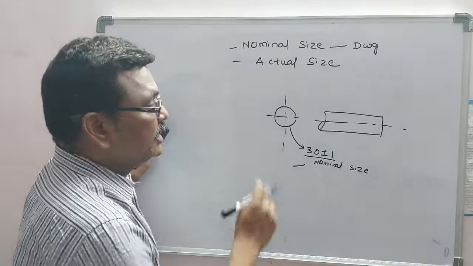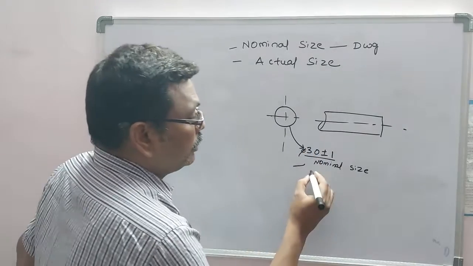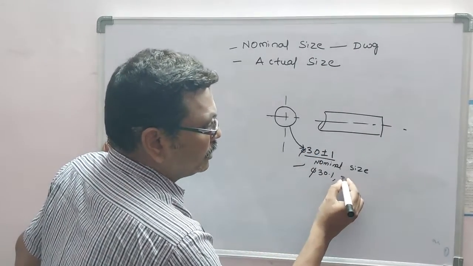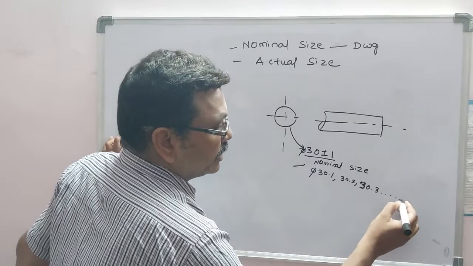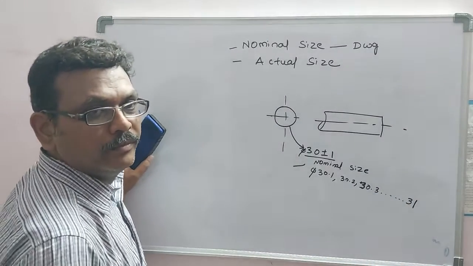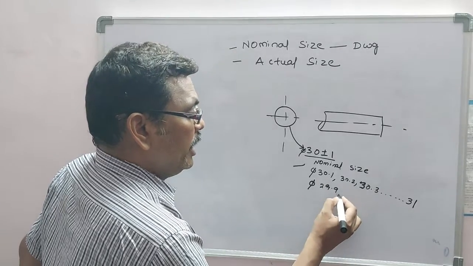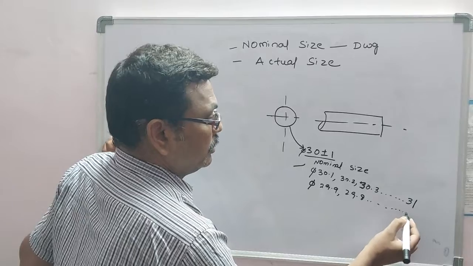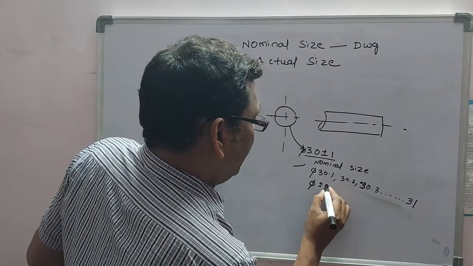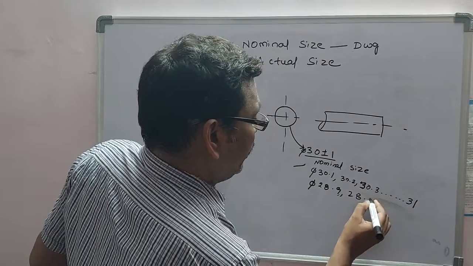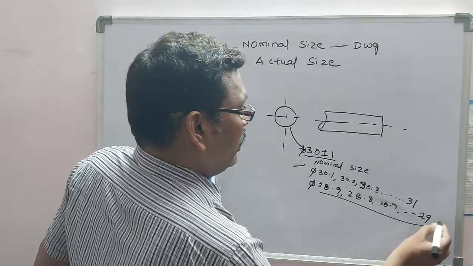This shaft can go to diameter 30.1, 30.2, 30.3, like that up to 31, and it can go down to 29.9, 29.8, 28.9, 28.8, 28.7, up to 29.